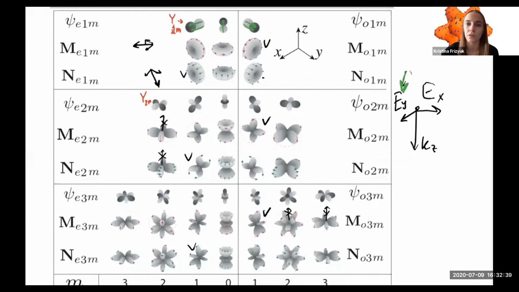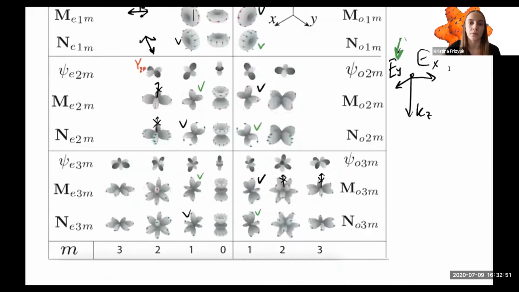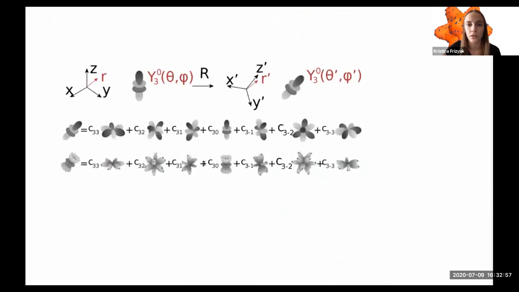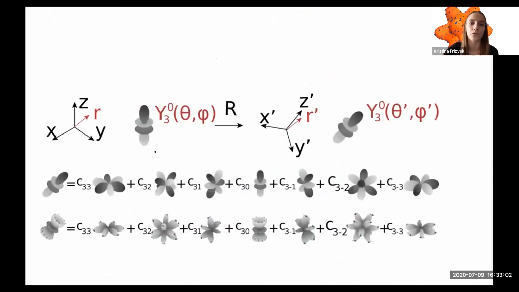You will have odd electric and even magnetic multipoles. But if you rotate your wave in any possible direction, you will have actually any multipole. This is because of the rotational behavior of spherical functions.